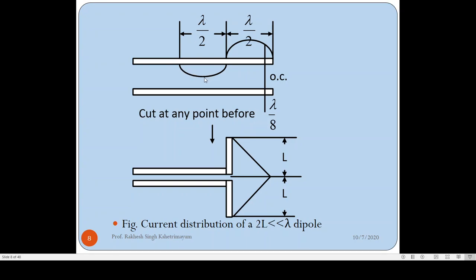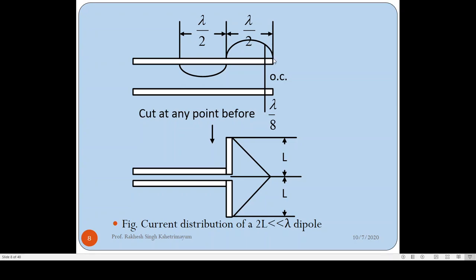You will have maxima, negative maxima, then positive maxima, then at the end when you have open circuit, current will become 0. So current distribution for a transmission line will be something like this: 0 here, then again 0, you have maxima here, you have again negative maxima here. So this is usually the current distribution along a transmission line.